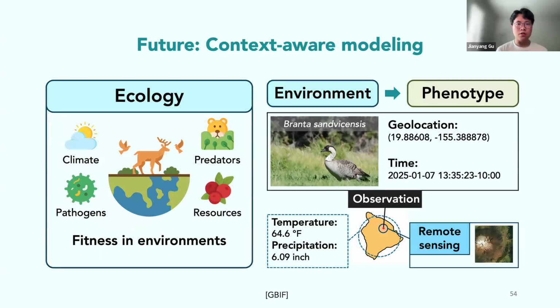Yeah, that's really a good question, and this is an ongoing effort. Just as you mentioned, we have the geolocation and time labels, so we are trying to use these to probe the available environmental covariates. For example, some satellite data has the temperature and precipitation for those geolocation and time points.